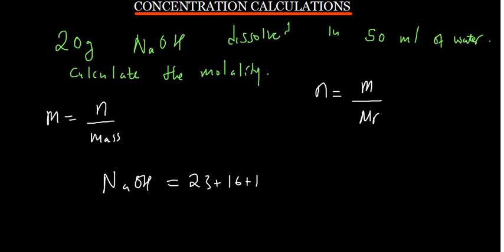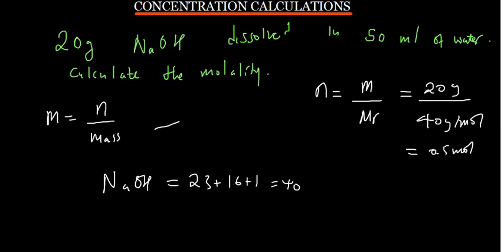Okay, please confirm if you can now see. Yes, sir. All right, so the molar mass for sodium hydroxide is 23 plus 16 plus 1, which gives us 40. So the number of moles of sodium hydroxide is mass, which is 20, over molar mass, which is 40 grams per mole. This gives us 0.5 moles.